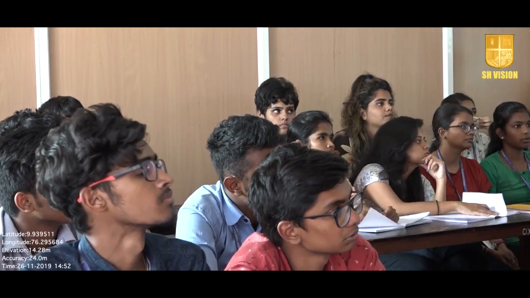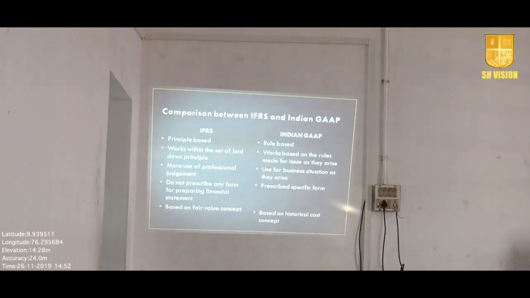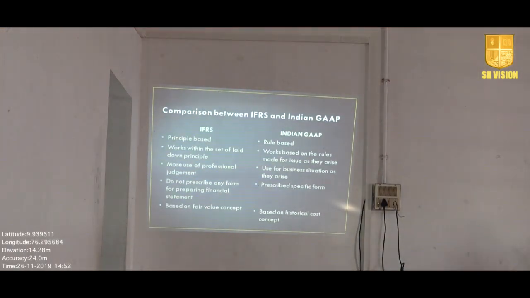So the last portion is comparison between IFRS and Indian GAAP. First one, principle based. IFRS is principle based. What is the difference between principles and rules? Who develops the principles?